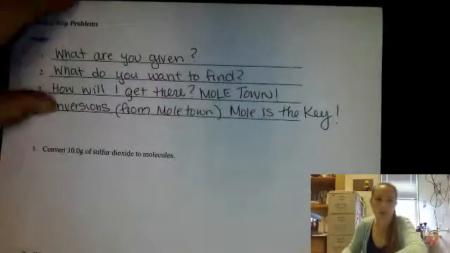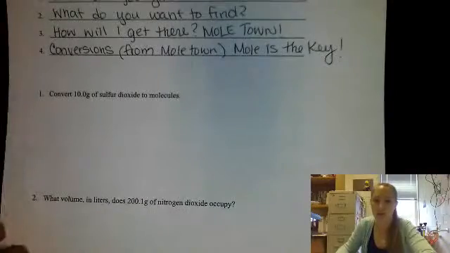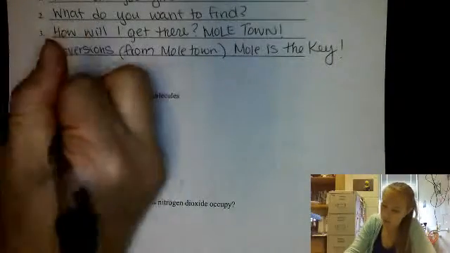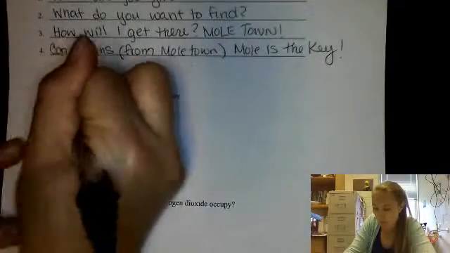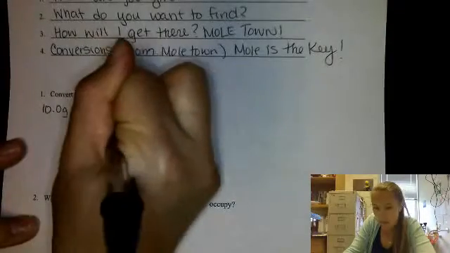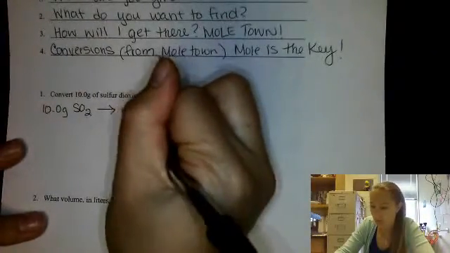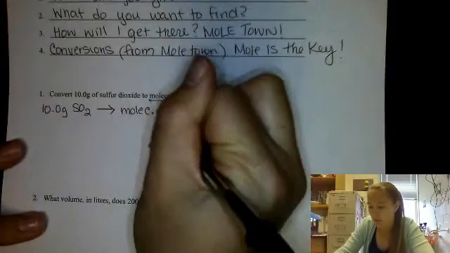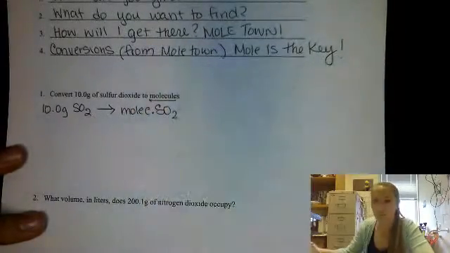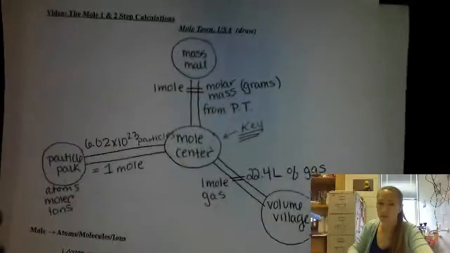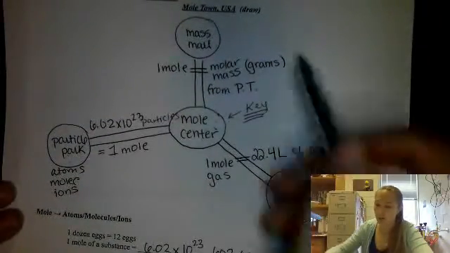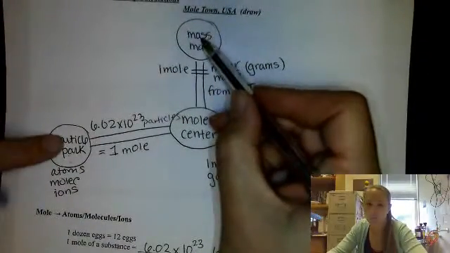So, convert 10 grams of sulfur dioxide to molecules. I start with what I'm given, 10.0 grams sulfur dioxide, and I'm converting to molecules, SO2. I look back on my mole town sheet. I'm going from grams to particles.